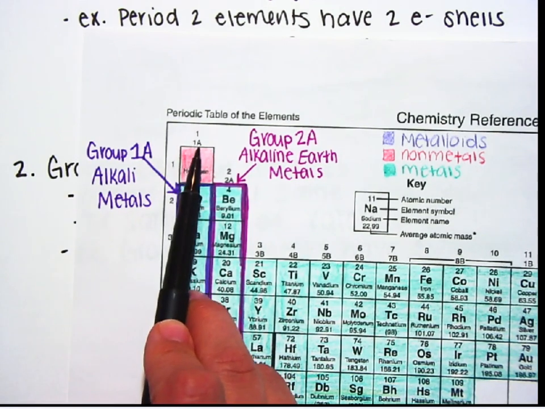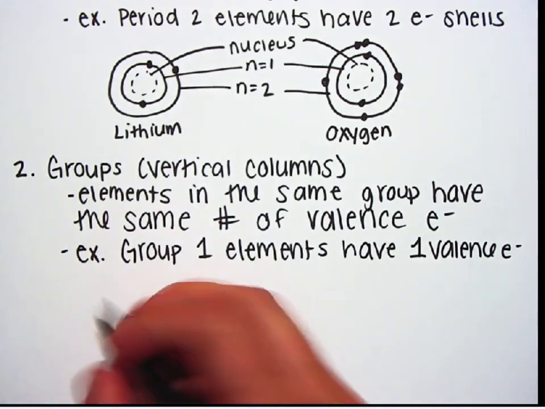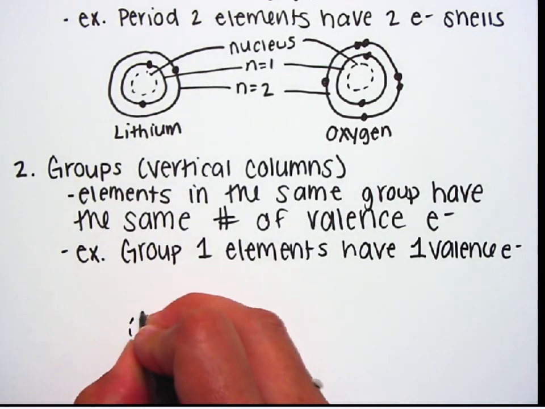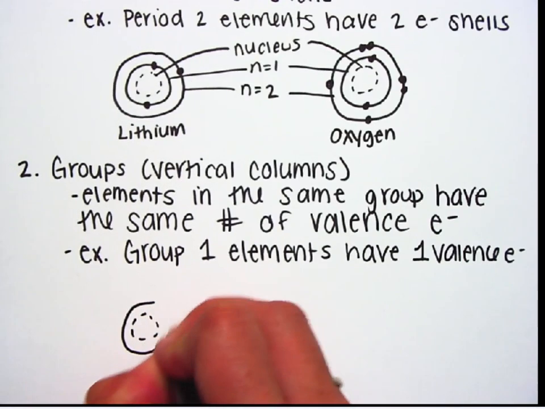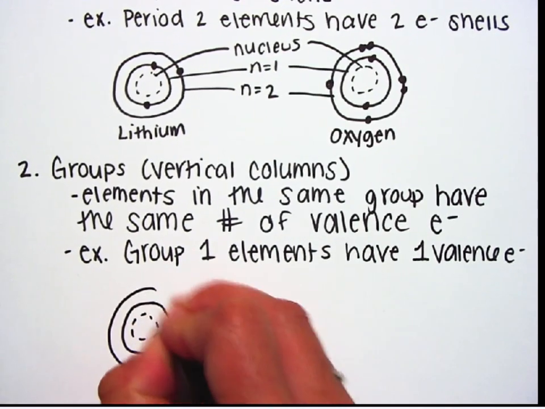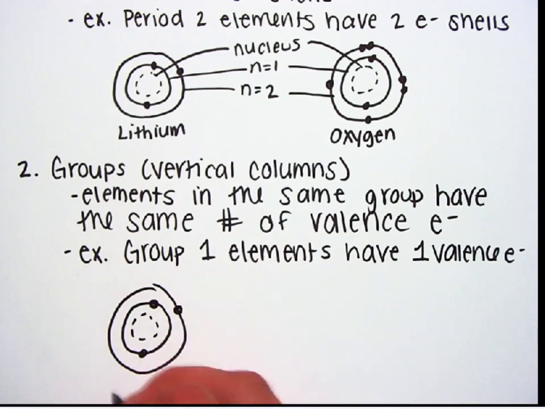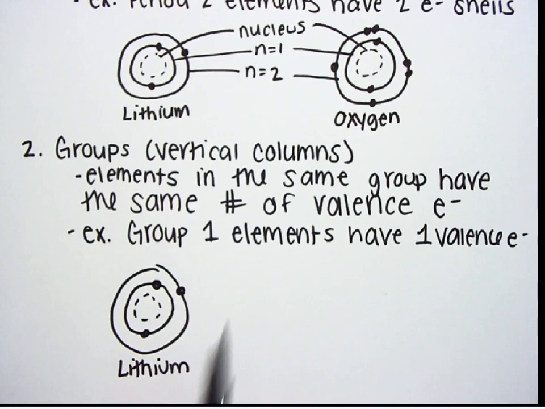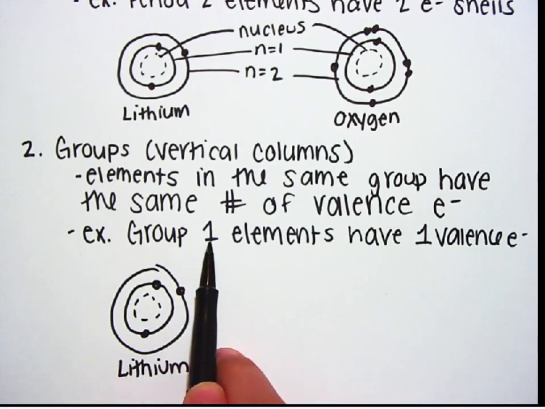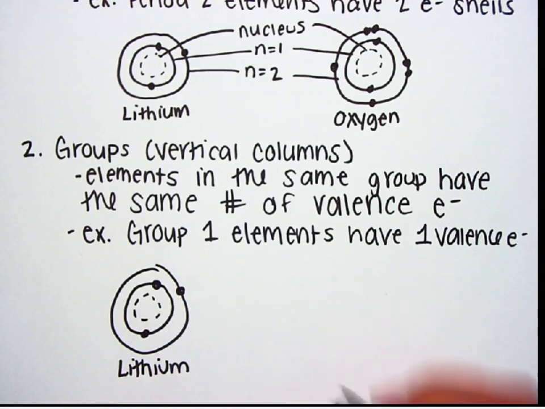Lithium and sodium are both in group 1. So lithium is in period 2. It has 2 electron shells, but it's in group 1, so it has 1 valence electron.